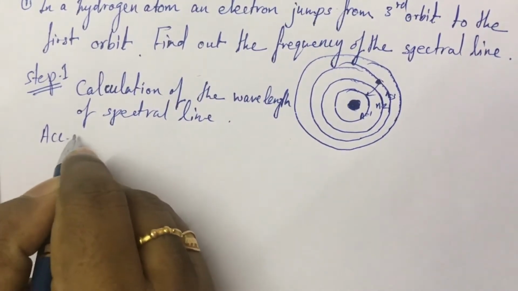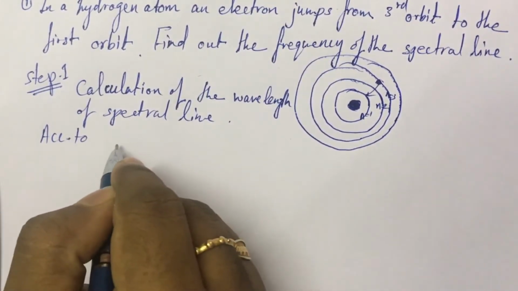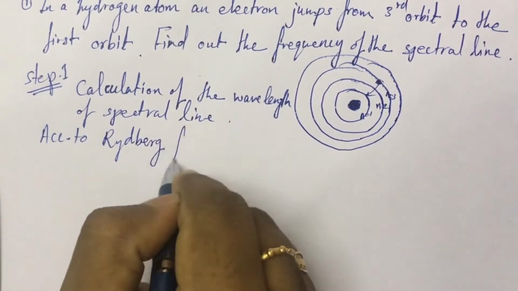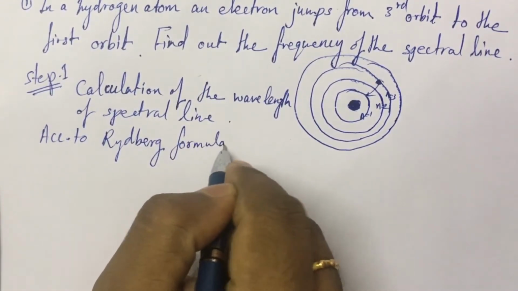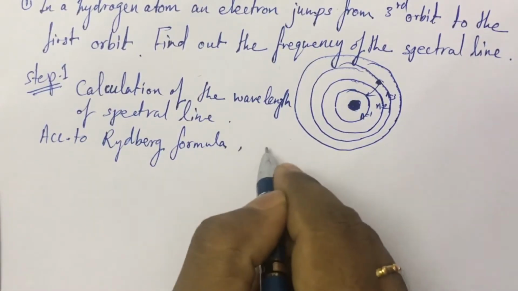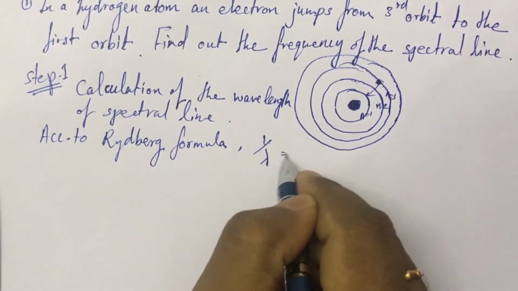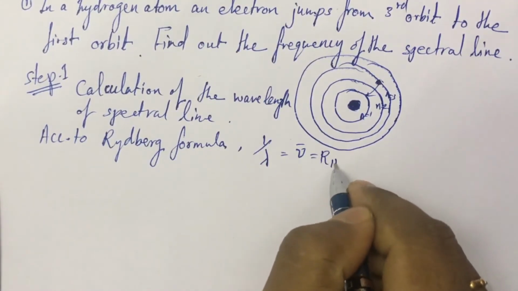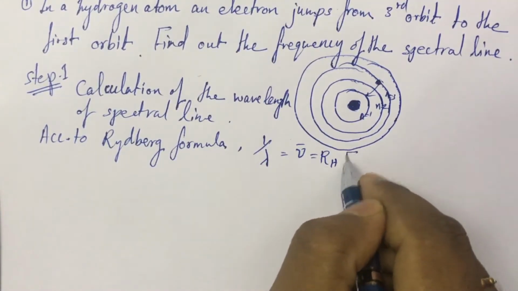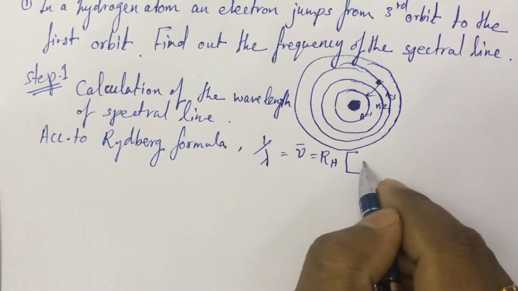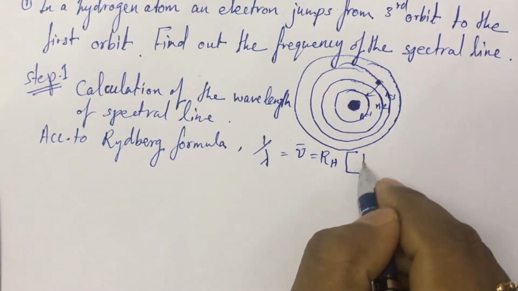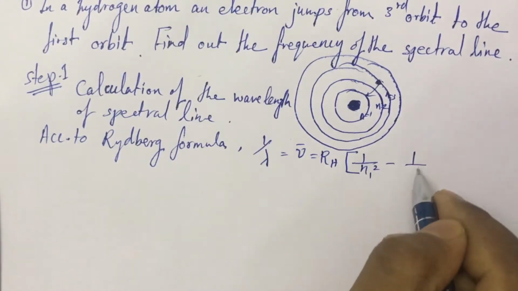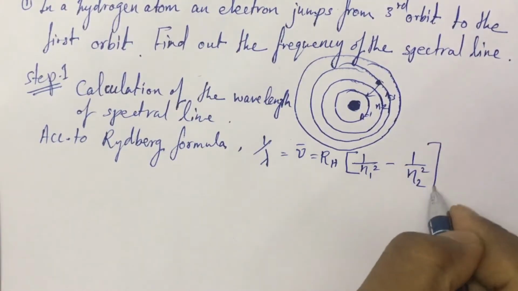According to the Rydberg formula, 1 by lambda, which is the wave number, is equal to RH, where RH is the Rydberg constant, into 1 by n1 square minus 1 by n2 square.